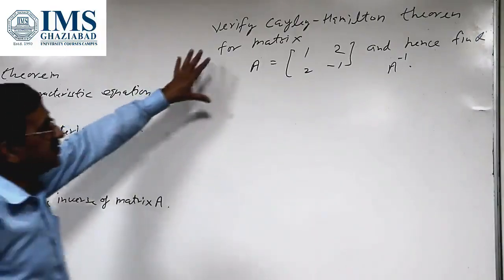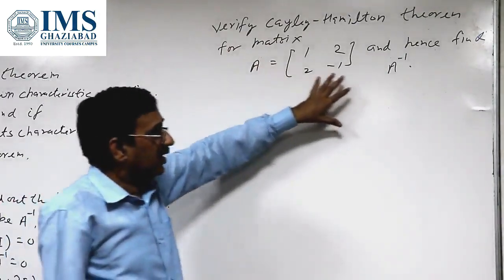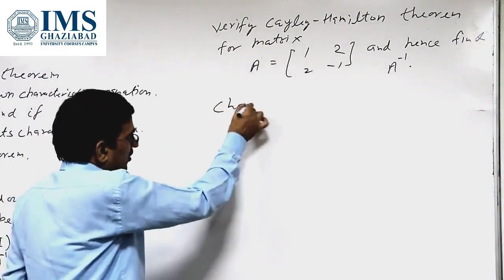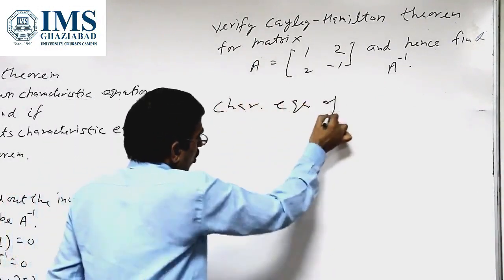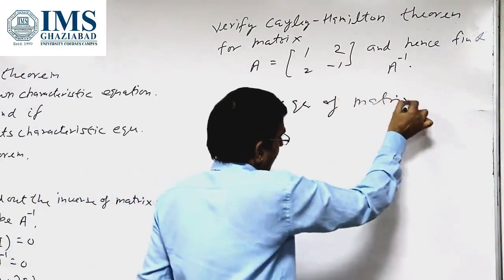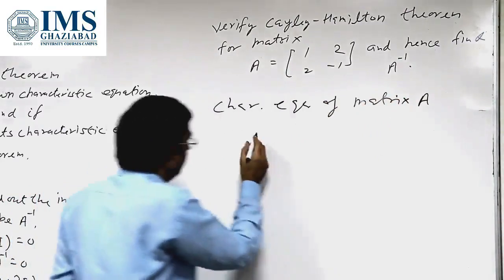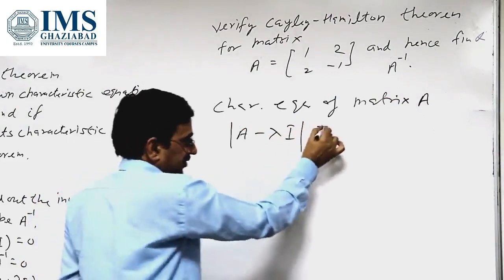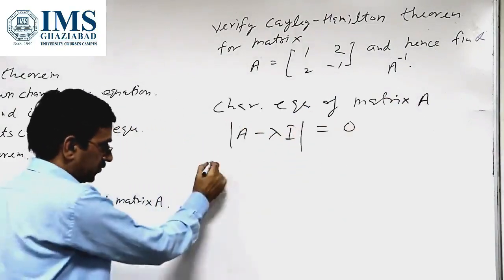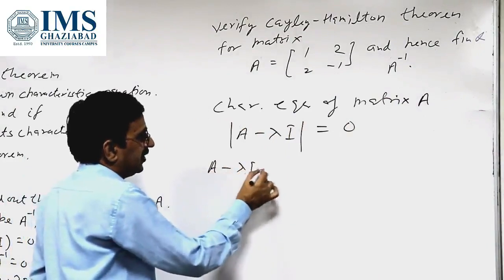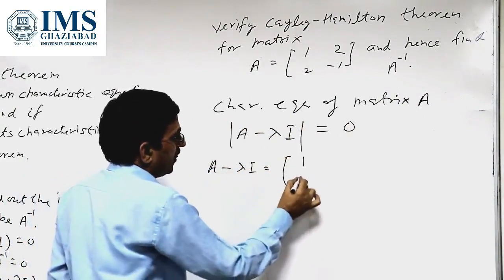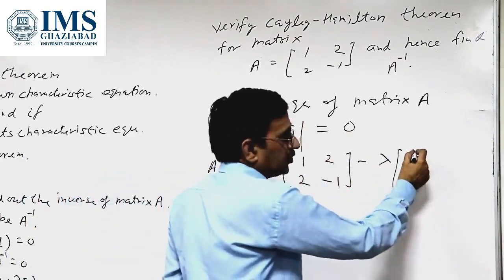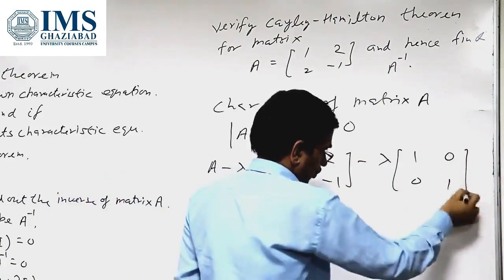Now let us consider this example to verify the Cayley Hamilton theorem and also to find the inverse of this matrix. So the characteristic equation of matrix A is given by the determinant of A minus lambda I equals 0. First of all we will find the value of A minus lambda I. So this is [1, 2; 2, -1] minus lambda times I, where I is the unit matrix or identity matrix.